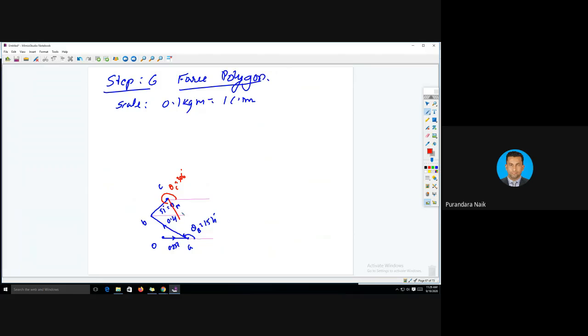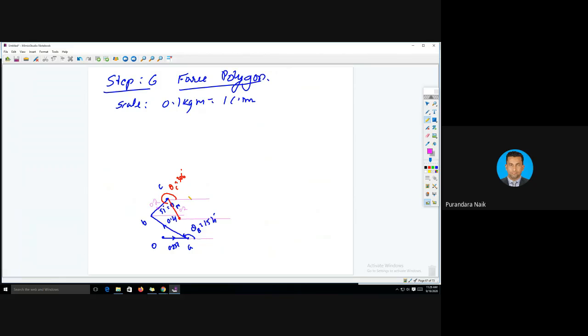The length is also 2 centimeter, same. Draw the reference line. Okay, last one. It is not completely closed, right?